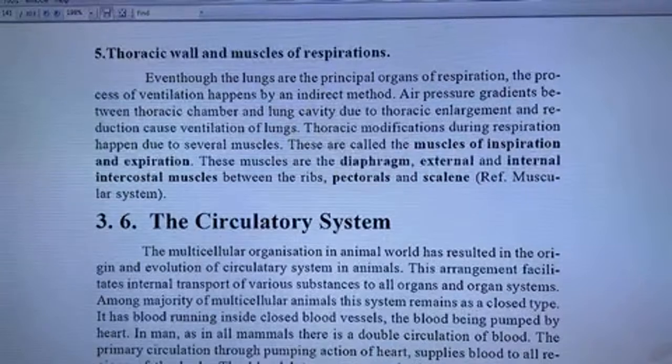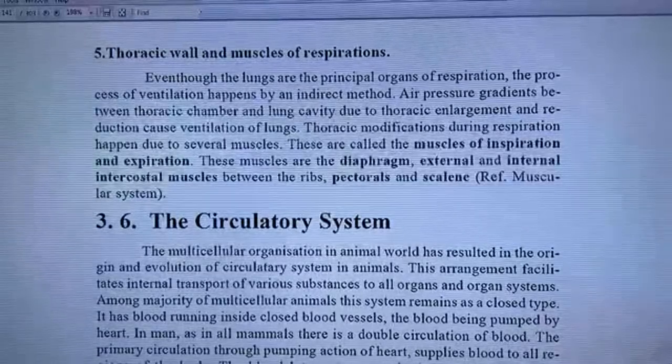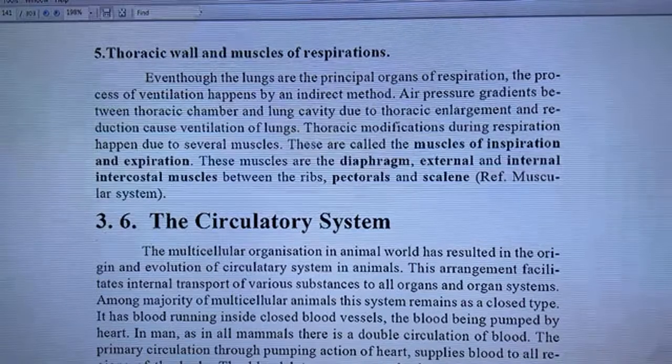Thoracic modification during respiration happens due to several muscles. These are called the muscles of inspiration and expiration. These muscles are diaphragm, external and internal intercostal muscles between the ribs, pectorals, and scalene muscular system.